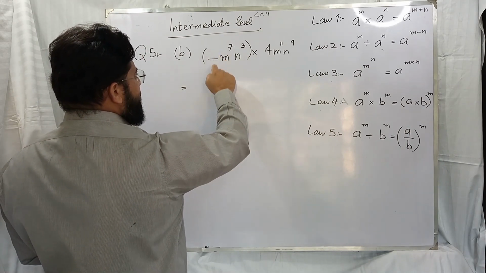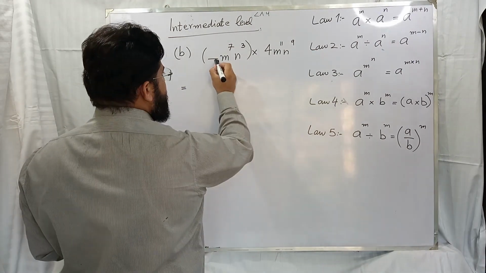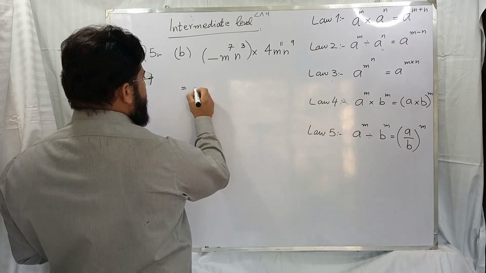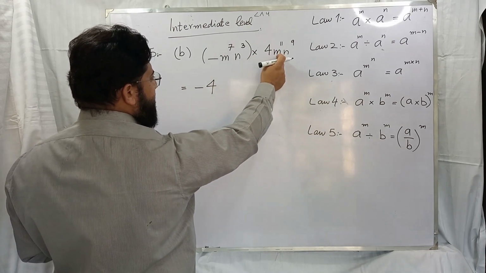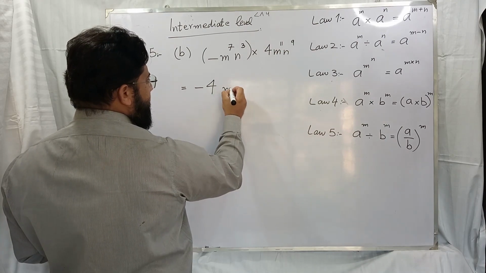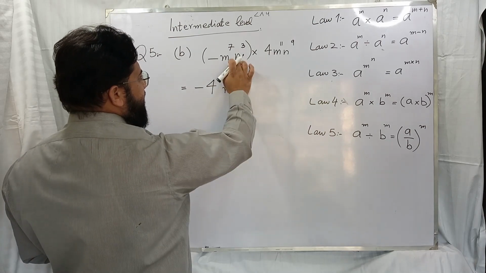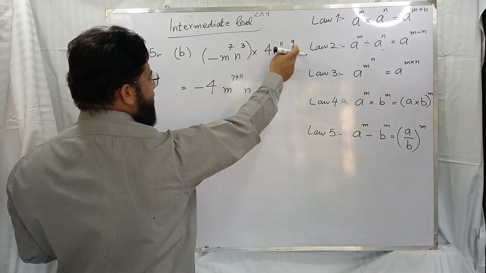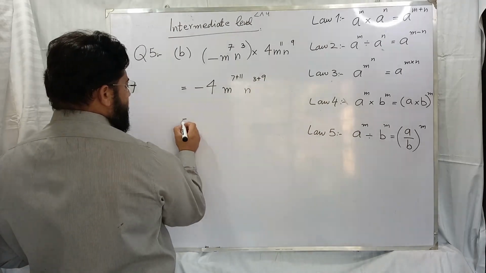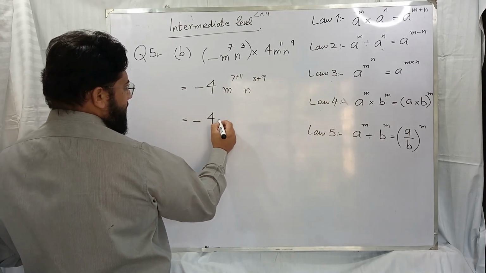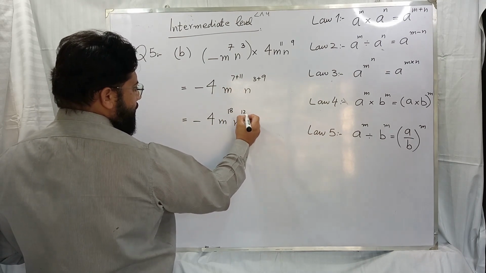Minus, and there is no digit here. When I told you, when there is no digit, it means there is 1 here. So minus 1 into 4, we get minus 4. M to the power 7 multiply by m to the power 11 will be m to the power 7 plus 11. N cube into n to the power 9, 3 plus 9. Next, minus 4 m to the power 18 n to the power 12.